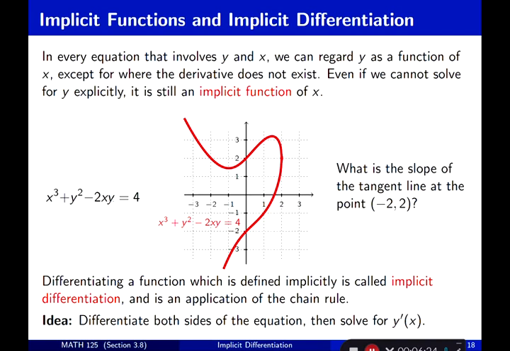Every time you do that, the derivative of the inside will render a y prime of x, and then you solve for y prime of x, and then you enter the point. Usually for implicit differentiation, you have to know both the x value and the y value of the point, and it gives you a slope.